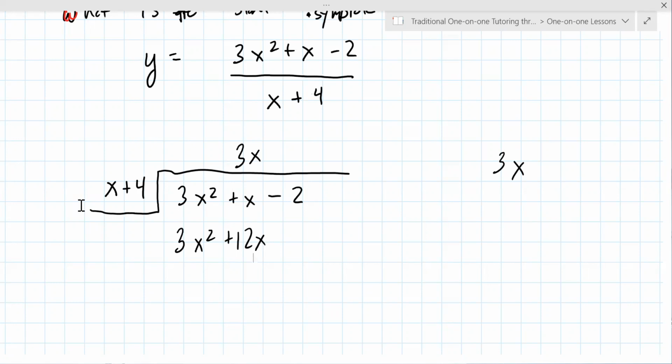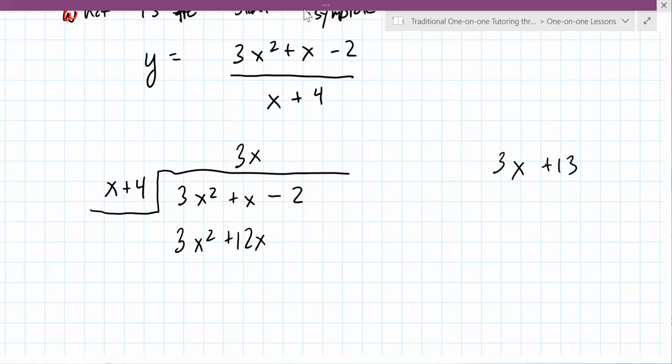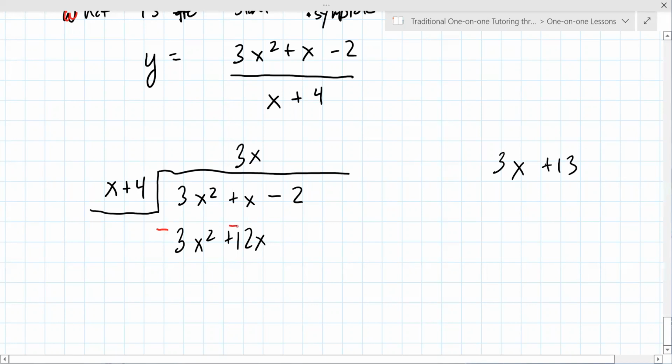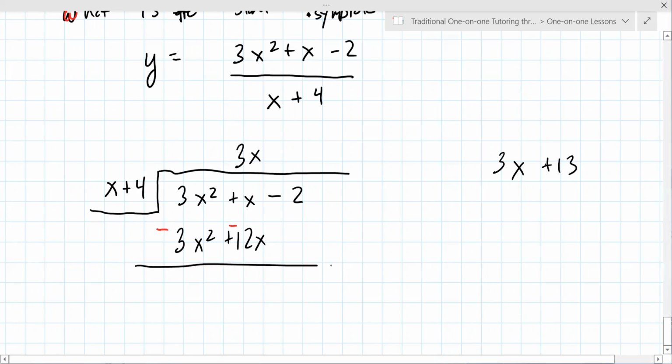It's going to be plus 13. Okay, so you think it's plus 13 there? All right, so again, you change the sign, so it becomes minus and minus. Okay, got it. That's really important there, rather than subtracting. So it becomes minus 11x. Bring that minus 2 down.